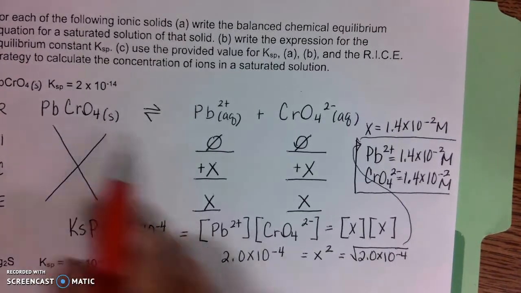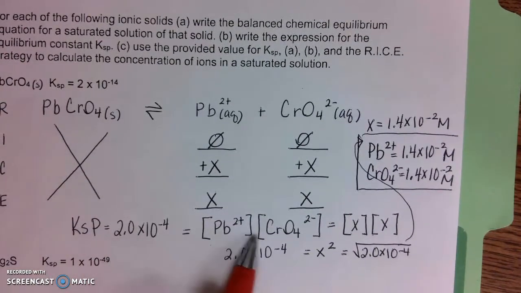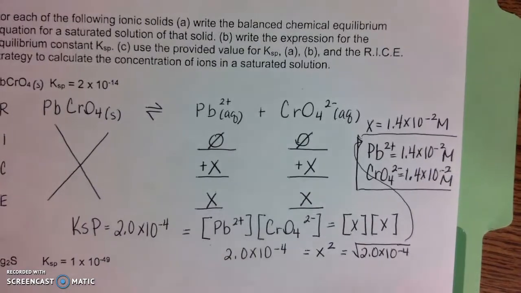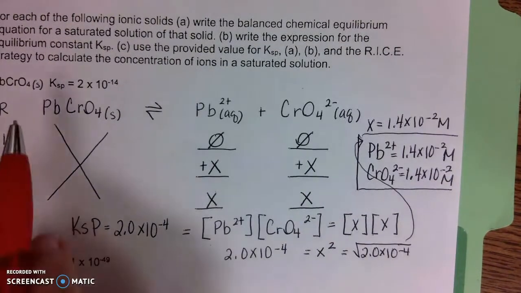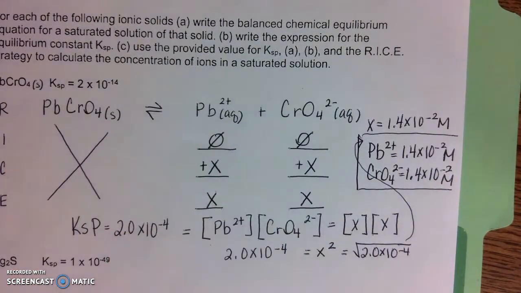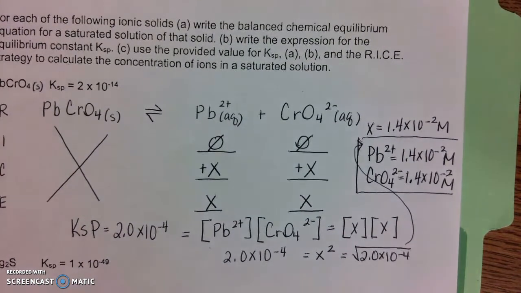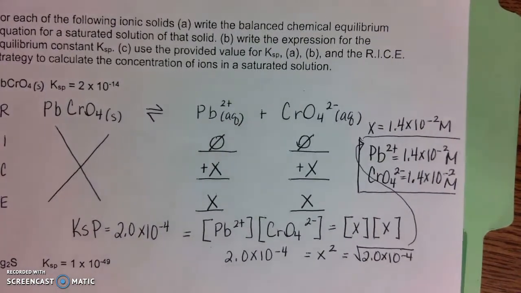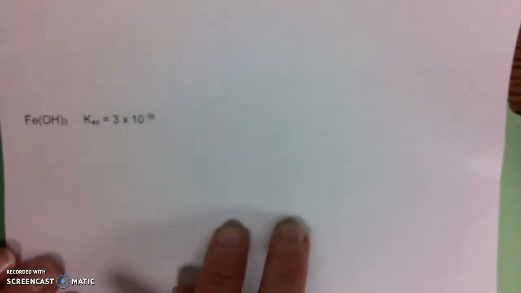Alright, that's an example when we have Ksp and we have the variables just x, and the coefficients are all 1 for the equilibrium reaction. Now let's move down to this problem right here.